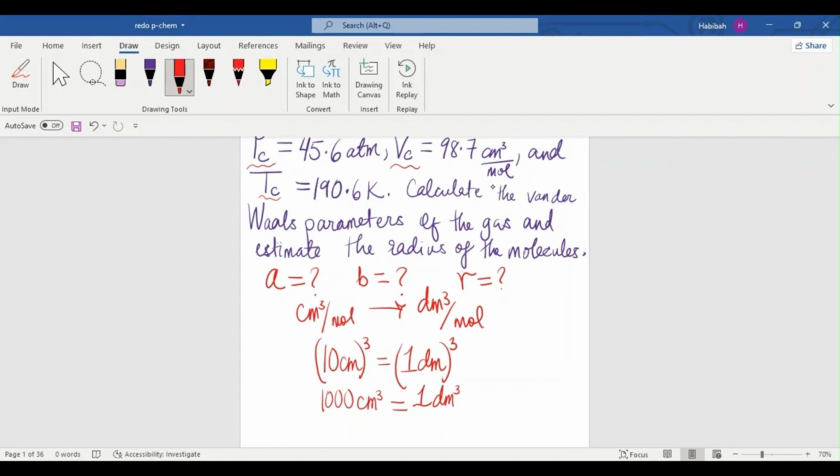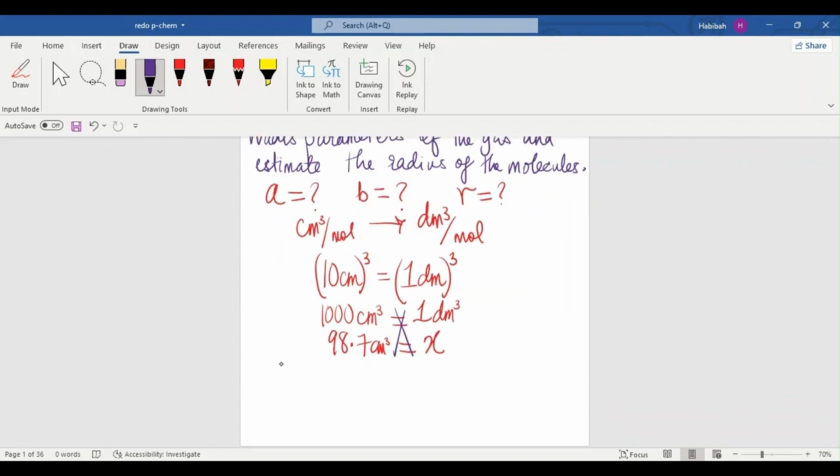So we've got this, and then we've seen that our information is 98.7 centimeter cube per mole. I'm going to first of all ignore the per mole because we don't need that in this solution. So I'm going to put 98.7 centimeter cube, and I'm just going to call this X. So let's cross multiply.